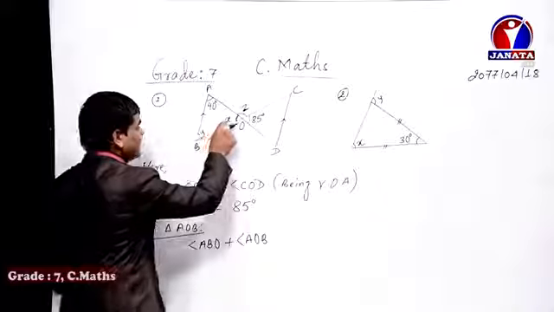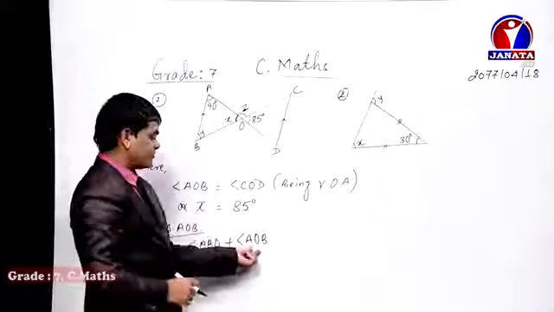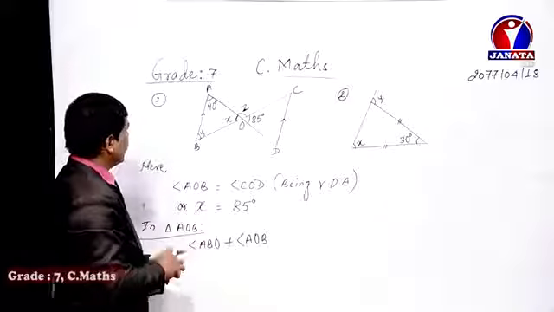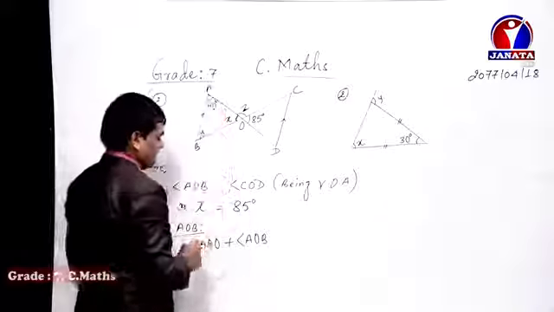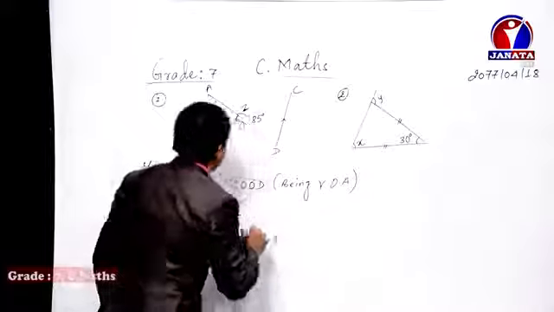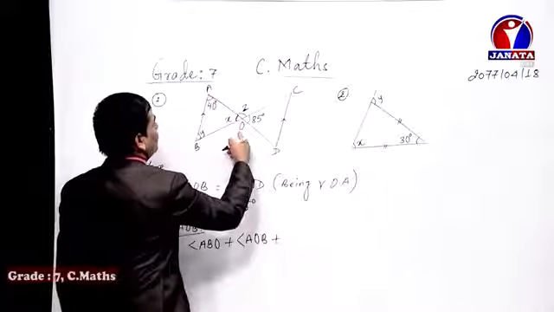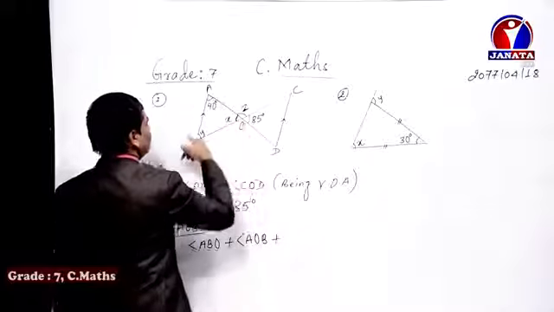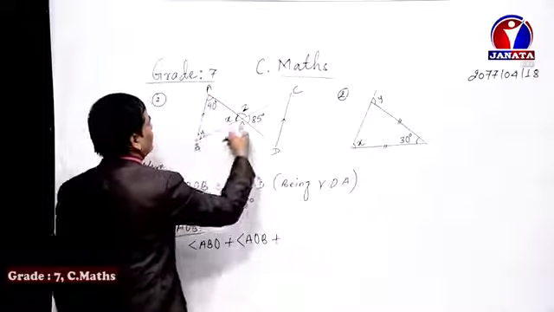So to this X, I can write angle AOB. Now if you have to write this angle in three-letter form, then BAO or OAB.